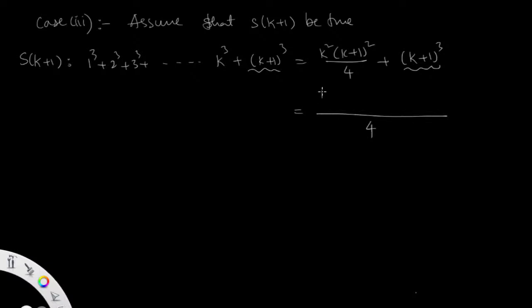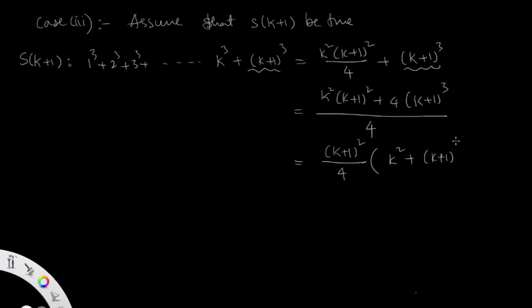Taking the LCM as 4: k²(k+1)² + 4(k+1)³, with (k+1)² common from both terms, divided by 4. Taking (k+1)² common, the remaining terms are k² and 4(k+1). Therefore, (k+1)²/4 into the simplified k² + 4k + 4.